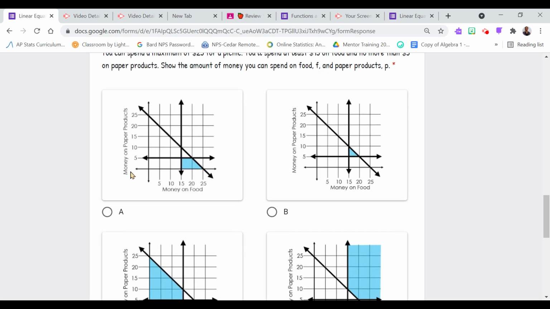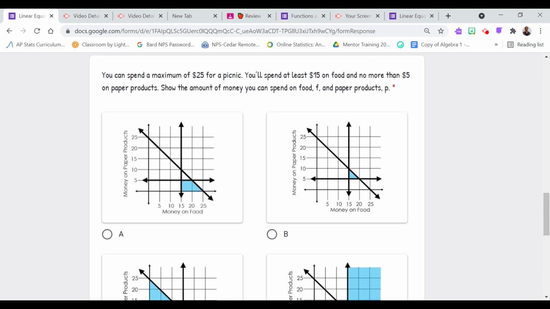So let's look at our axes. The y-axis is the money on paper products. The x-axis is the money on food. So P is kind of my y, and x is my food. So let's see if we can write an expression. So we said 15 on food.